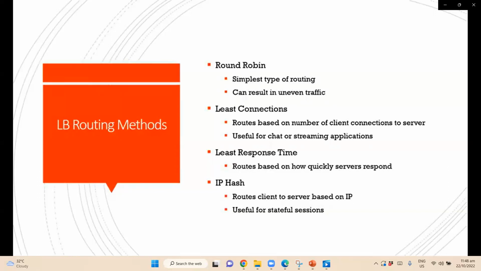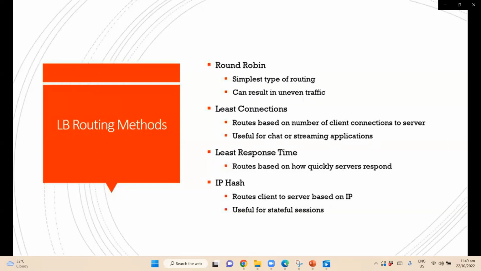Least response time works by similarly communicating with the server, and it times how long it takes to respond. So if a server is handling a lot of traffic at the moment, it's going to respond slower, and the load balancer will then decide to route traffic to the ones that are currently not as slow.